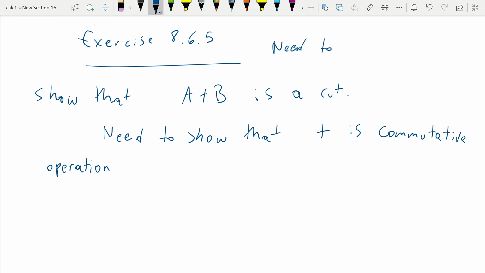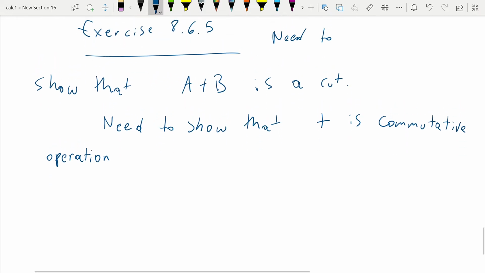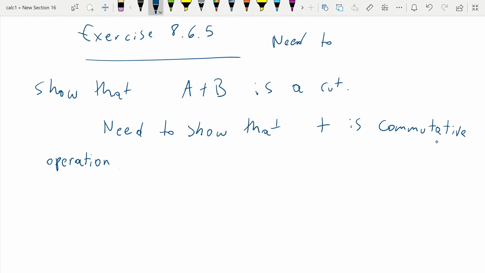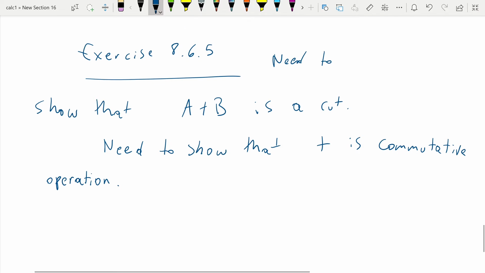And you have the associativity property that the addition has for Q and for what we know about the real numbers, which we haven't defined yet, but we've been using up until now. And so you need to show this among other things.